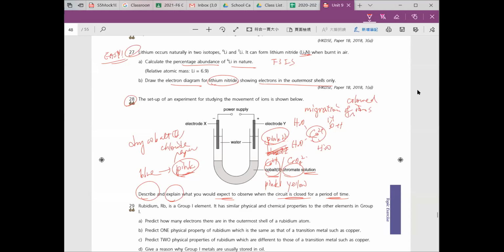So there will be a migration of ions to two different ends. You are going to describe the observation first of all, and then explain the observation. Remember the terms describe and explain. 2 points. Describe and explain. You get the point? So you know the answer.